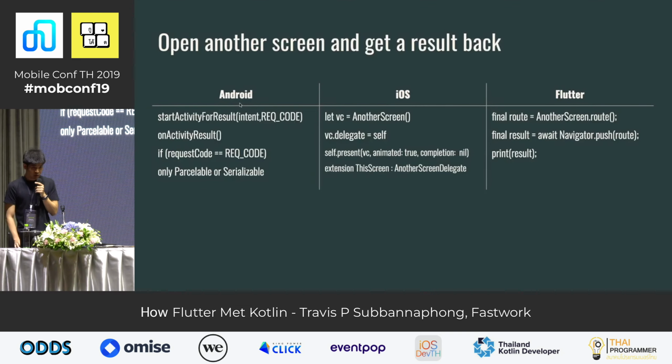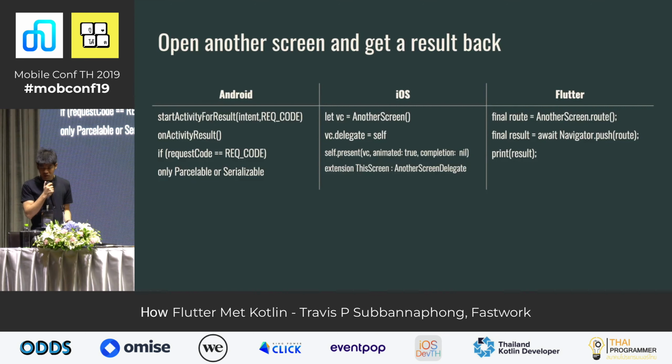Now, the next point. There are times when you need to send the user to another screen, let them do something, and you get the result back. This is a pain too, right? On Android, we have startActivityForResult.